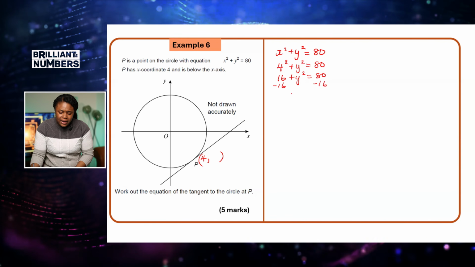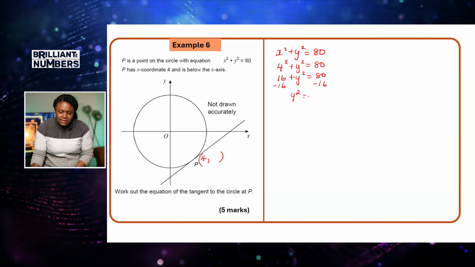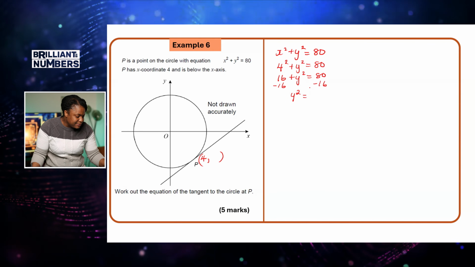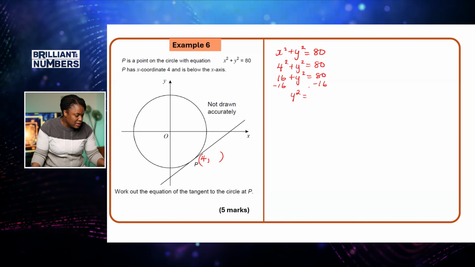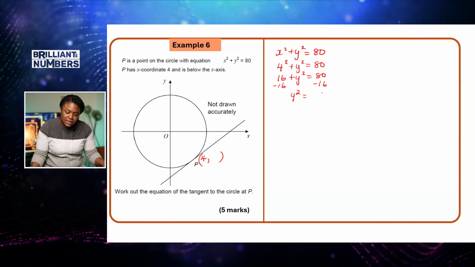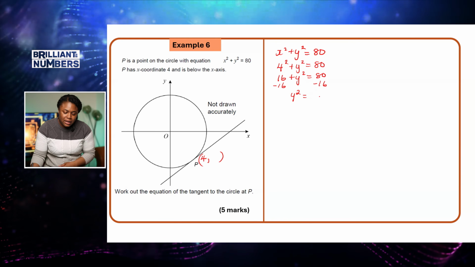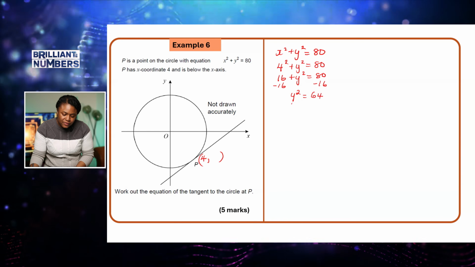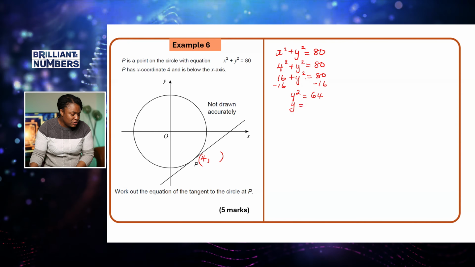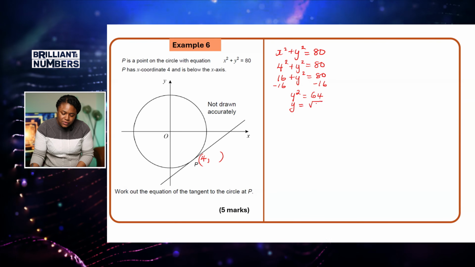Just for accuracy, I will use my calculator. 80 take away 16 gives me 64. And then I need to do the square root of that, so y is equal to the square root of 64.